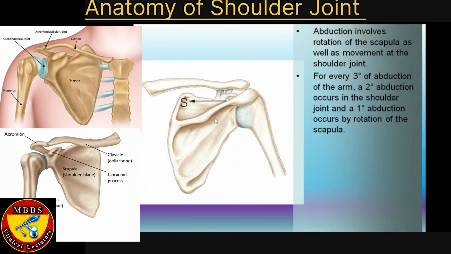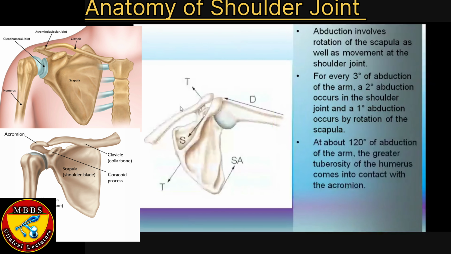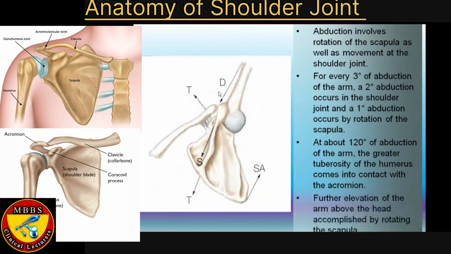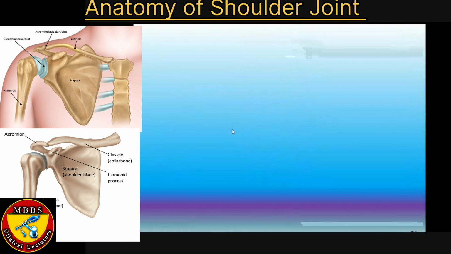At about 120 degrees of abduction of the arm, the greater tuberosity of the humerus comes into contact with the acromion process. If we further elevate the arm, this is accomplished simply by the rotation of the scapula, and that is how overhead abduction is possible.